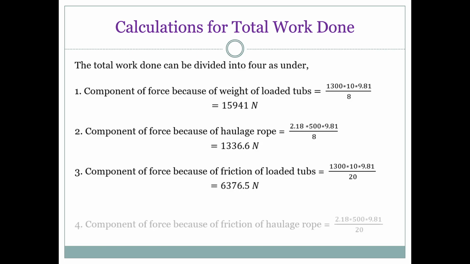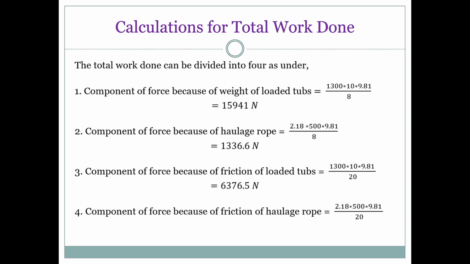Now we come to the last component. The component of force because of friction of haulage rope is given by 2.18, that is the mass of the rope in kg per meter length, multiplied by the length of the haulage 500, multiplied by acceleration due to gravity, multiplied by the frictional factor of 1 by 20. So this gives us a numerical value of 534.6 newtons.